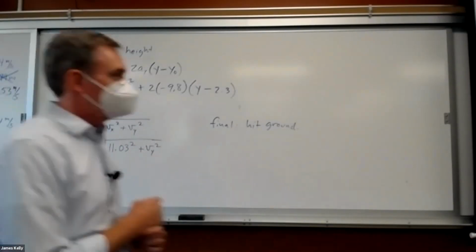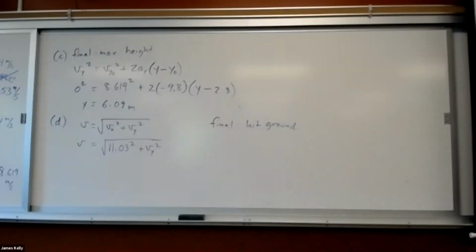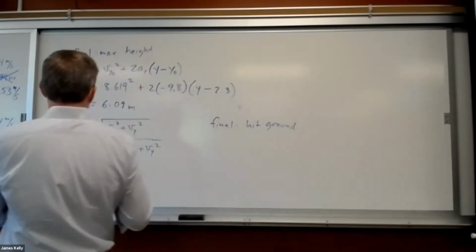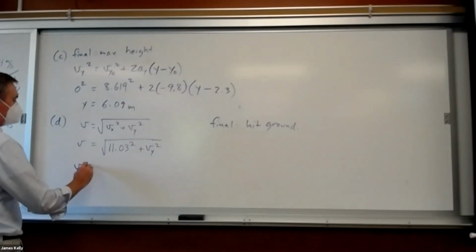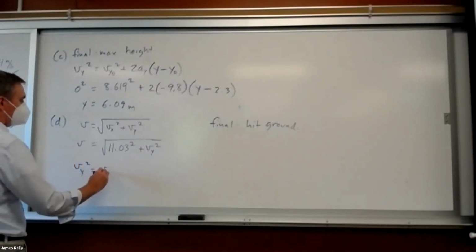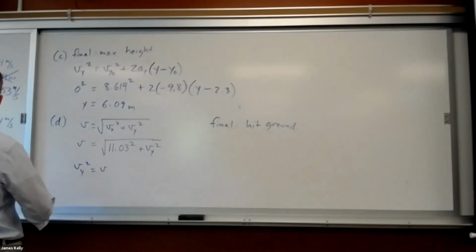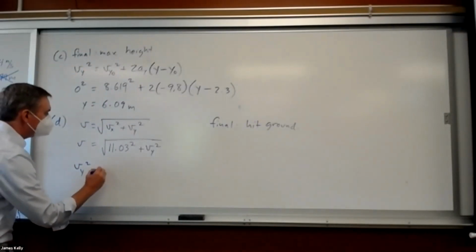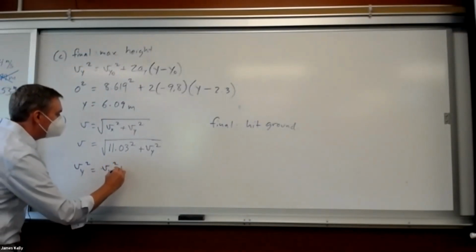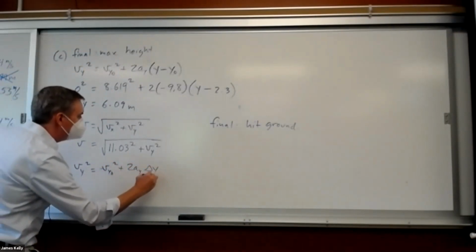Well, I go over here and look and say, either one of these would work because I know the time between initial and final, and I also know how far it goes down. Let's just try the third one. Vy final squared is equal to Vy initial squared. We already calculated Vy initial, 8.619. So let me write it down. Vy initial squared plus 2ay delta y.